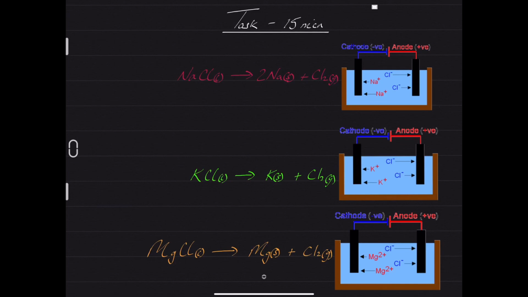Using the same format we've had for lead bromide, I want you to give me 2 ionic half equations for each reaction, and also explain what is being reduced, what is being oxidized, and where this is happening in terms of cathode and anode. So be precise in terms of where it is happening.